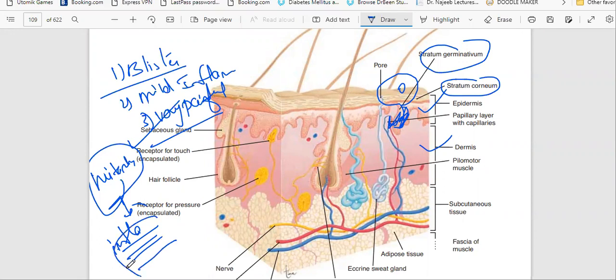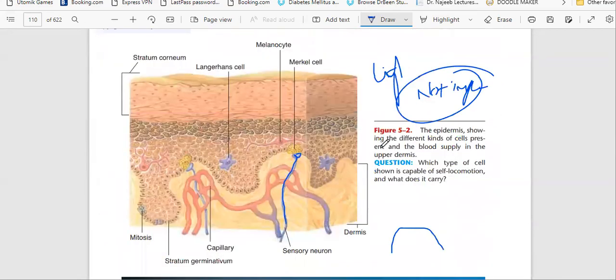So this comes under inflammation. Damaged cells release histamine. So what will histamine do? Histamine produces inflammation. Histamine produces pain. Histamine produces redness. So these are the things seen in second degree burn.